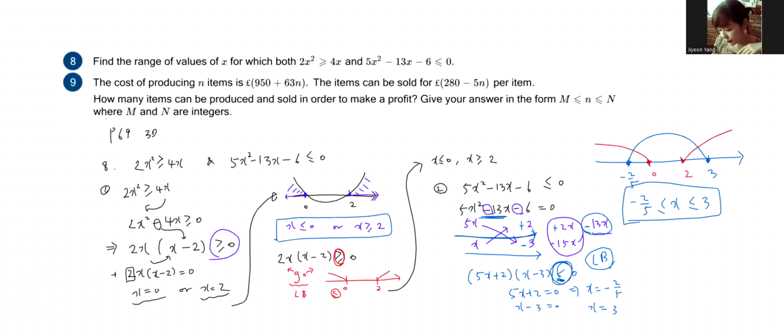Then the intersection area between the blue and red areas is in this way. Therefore, the final answer is either x is between negative 2 over 5 and 0, or x is between 2 and 3. All those numbers should be included. This is the solution of question number 8.